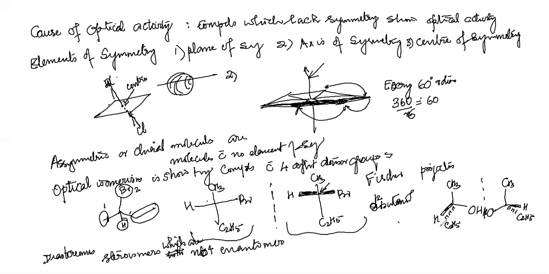So that is diastereoisomers. A very good way of studying this is to draw the structure of tartaric acid. Tartaric acid is COOH, H, and COOH.